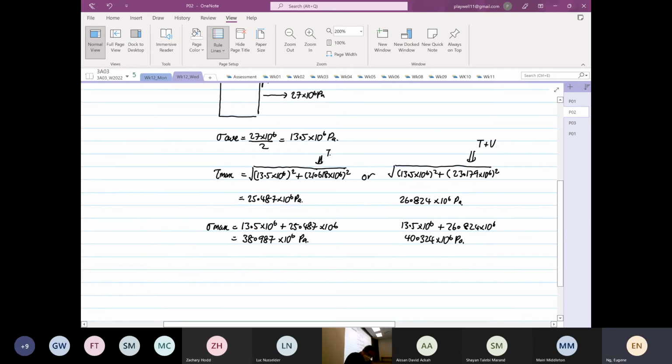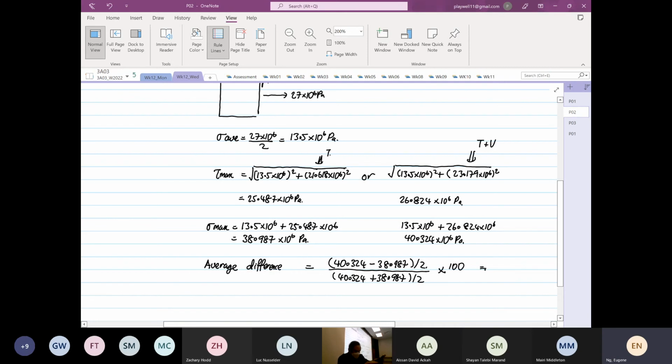So if we're going to calculate the average difference between the two, it will be equal to 40.324 minus 38.987 divided by 2, over 40.324 plus 38.987 divided by 2, times 100.